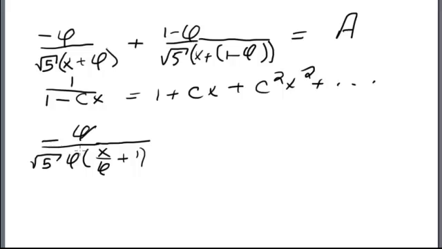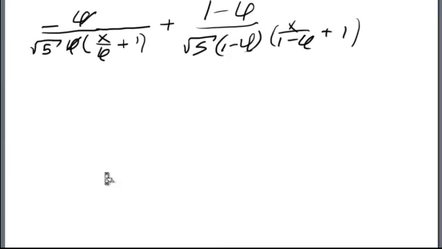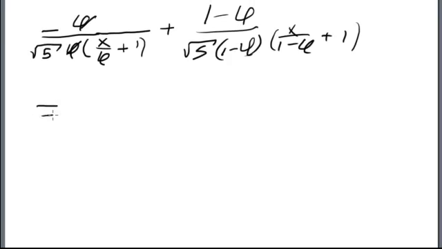And the phi's are gone. And that's plus 1 minus phi over the square root of 5 times 1 minus phi times x over 1 minus phi plus 1. And then let's keep on going down here, simplifying. So that's equal to, and I'm going to move the negative one over here, and bring this one over here, and this cancels out.